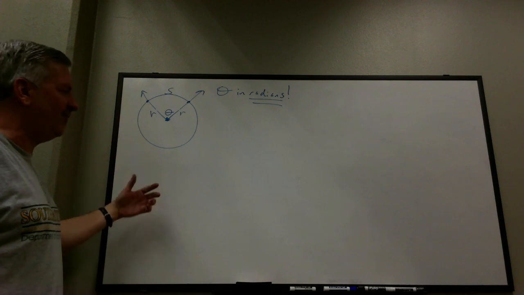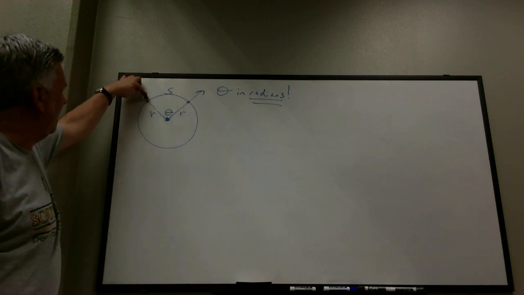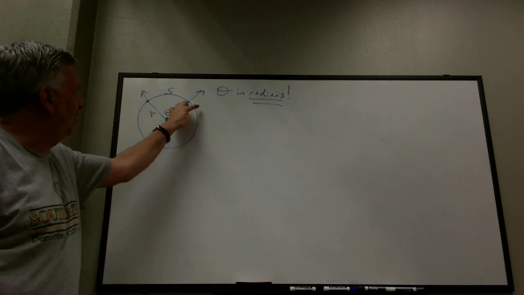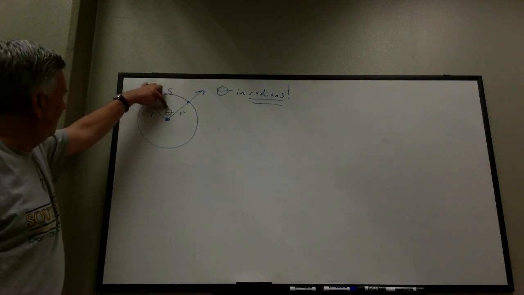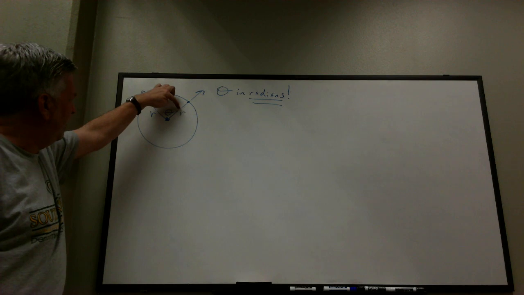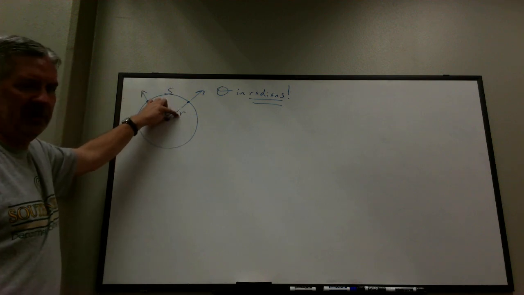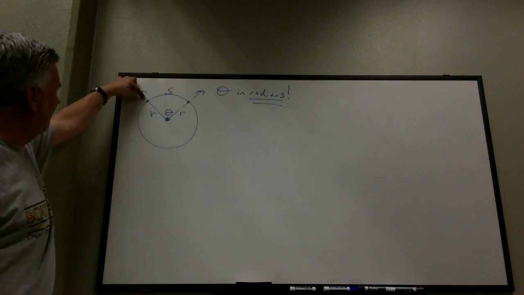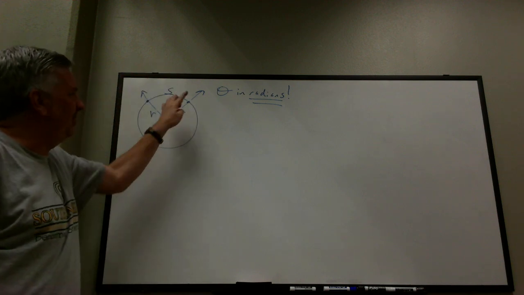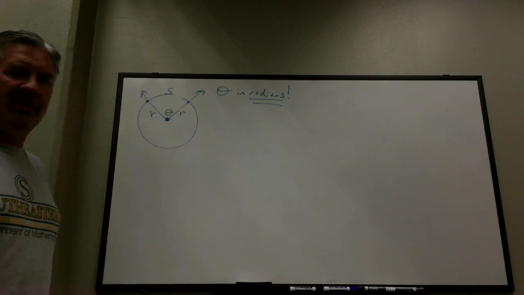That would be the same fraction as if I took the length of s divided by the length all the way around. Let me say that again. I'm going to take the value of theta in radians divided by the angle all the way around in radians. That would be the same percentage as the length of s divided by the length all the way around. Those are going to be the same fractions.